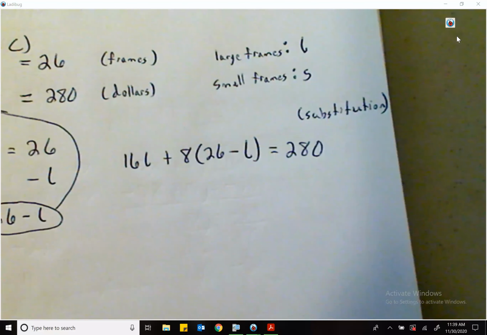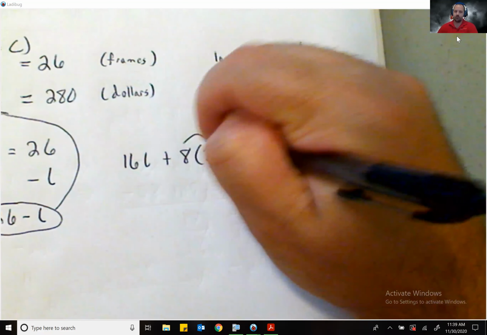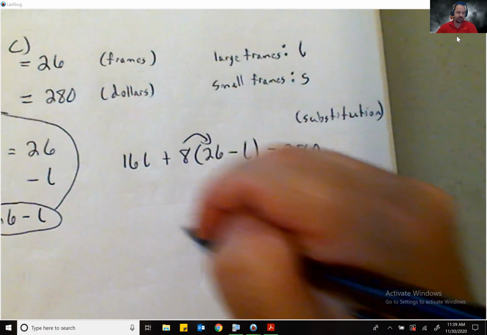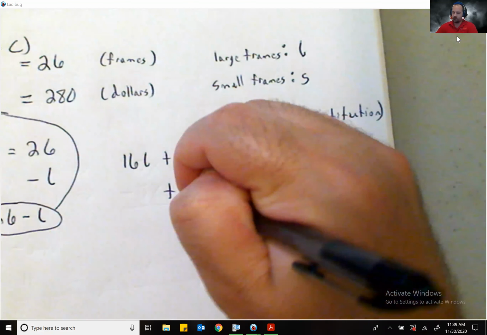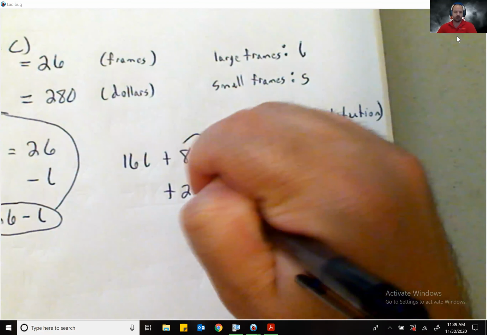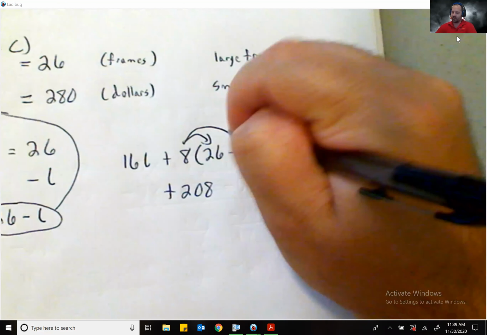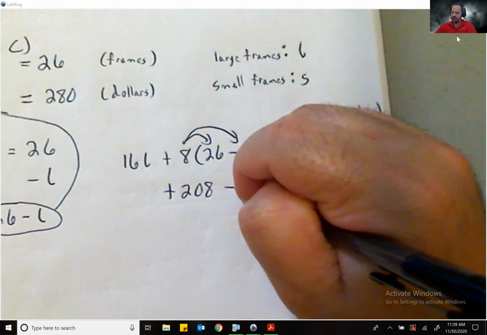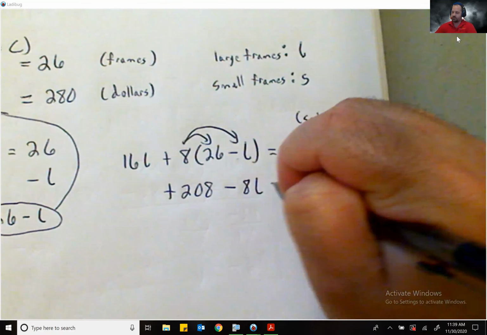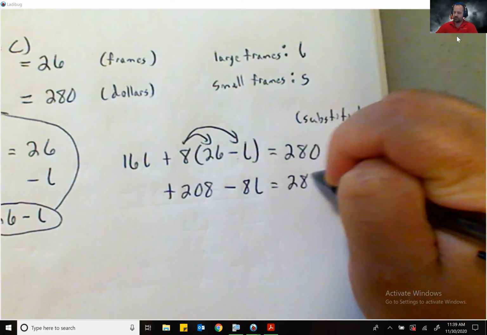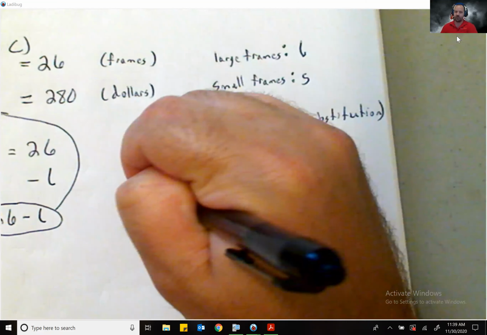Distribution. Yeah. We're going to multiply 8 times 26, and that's going to give us 208. Then we're going to take 8 times negative L. That'll give us negative 8L, equal to 280. And then we still have the 16L in front.